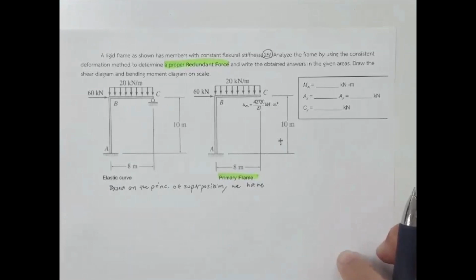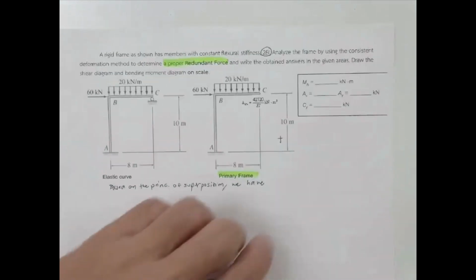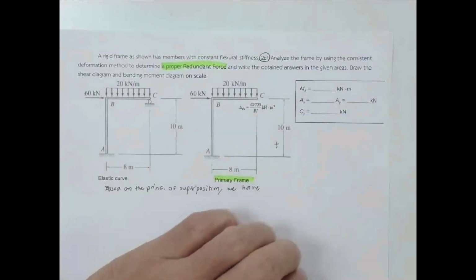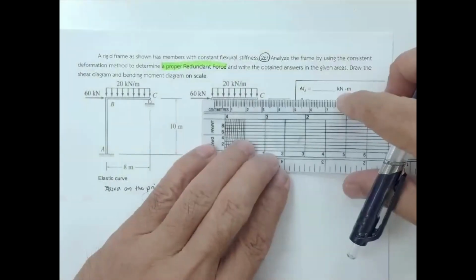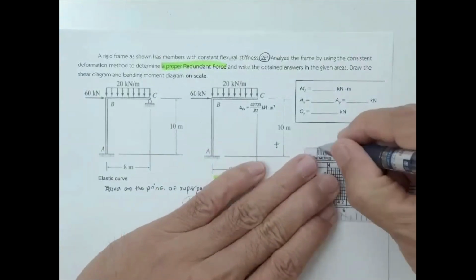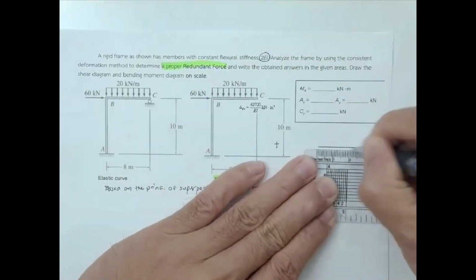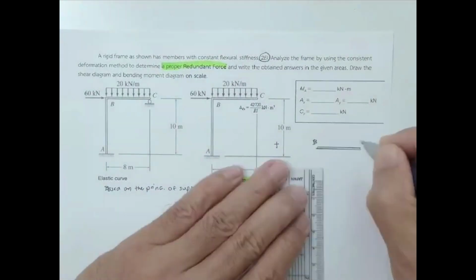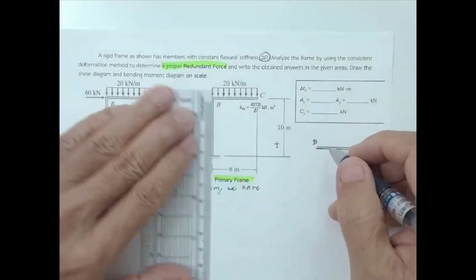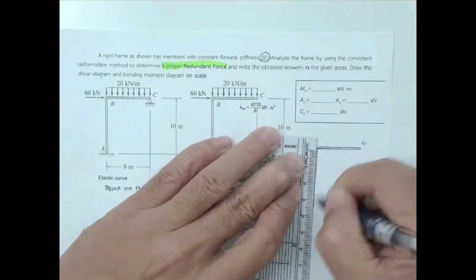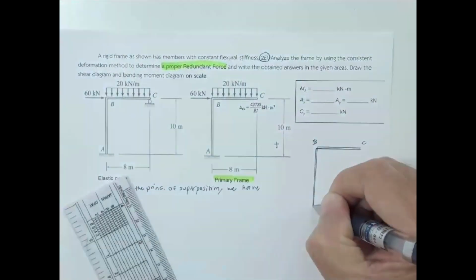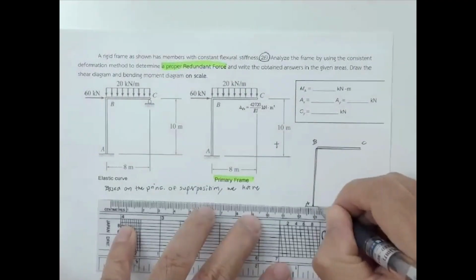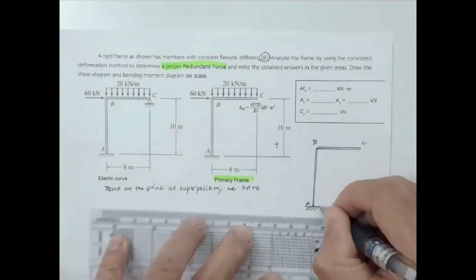If this is the given primary frame, another one takes this one for the beam BC, and this one for the column. And then you can see at point A, this is going to be a fixed end.